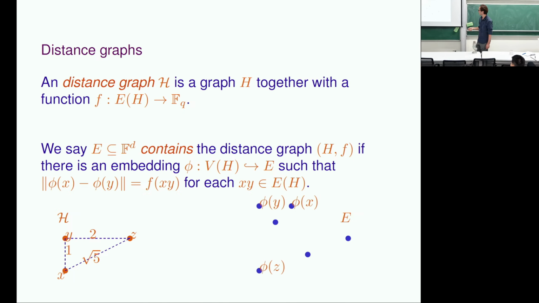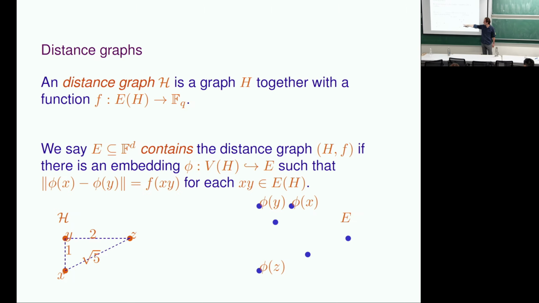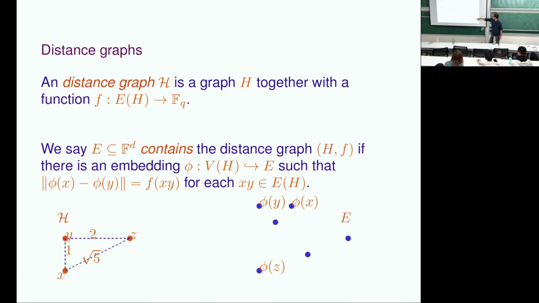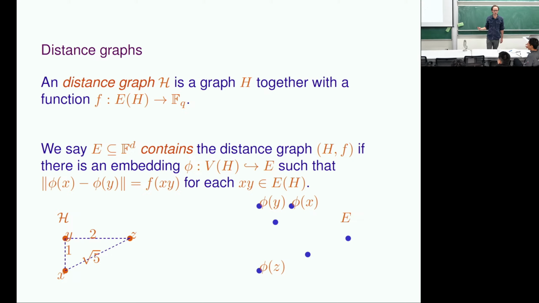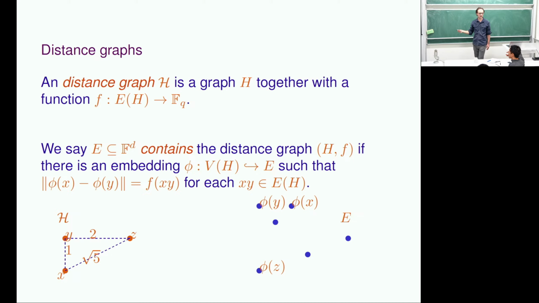Here's a map phi so that the distance between phi of y and phi of x is the same as the distance between y and x over there. The distance between phi of y and phi of z is the same as the distance between y and z over there, and similarly for x and z. So this is an embedding of this particular triangle with those specific labels into this particular set of points.